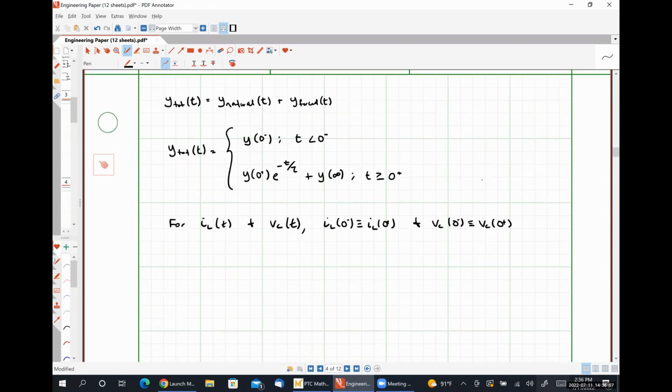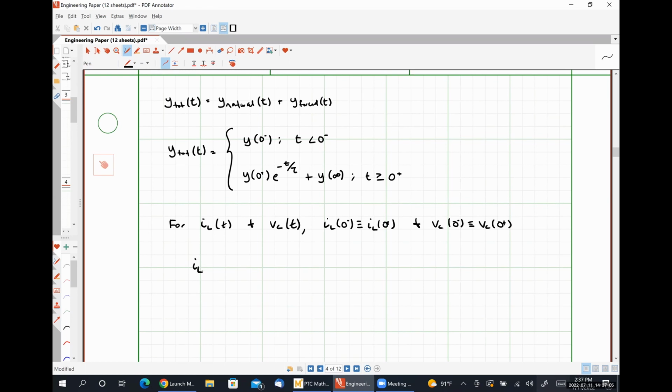Well, if we evaluate the expression that I've written up here for our total response at 0 minus, we'll find that IL at 0 minus will be equal to IL at 0 plus times e to the minus 0 over tau, plus IL at infinity.